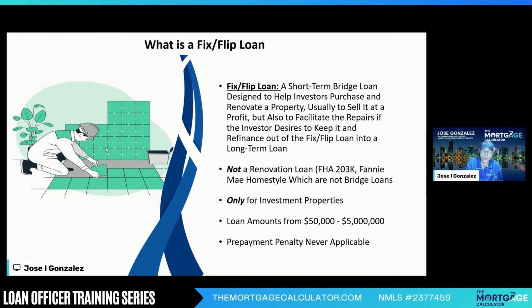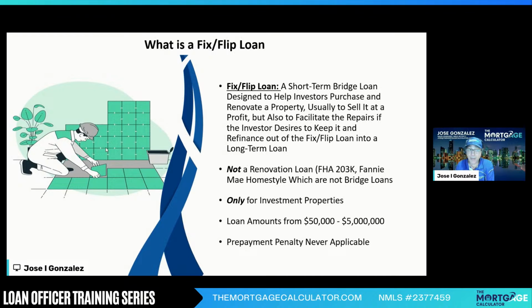You're already getting a loan with as little as 10% down to buy the property, and loan amounts from 50,000 to $5 million. But the key there is never a prepayment penalty and never an early payoff default.